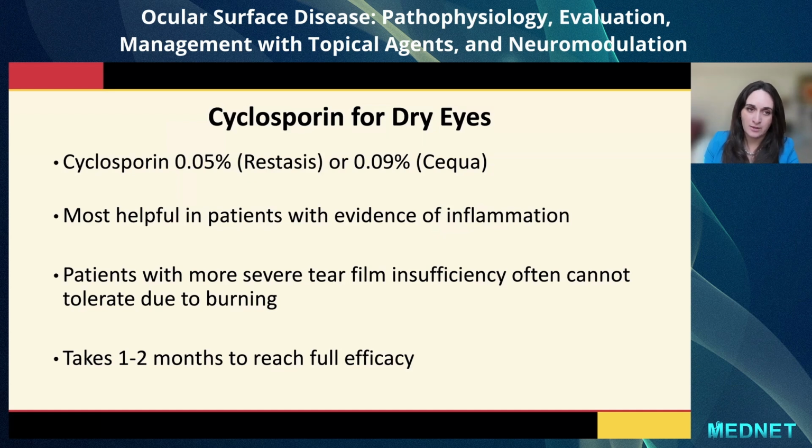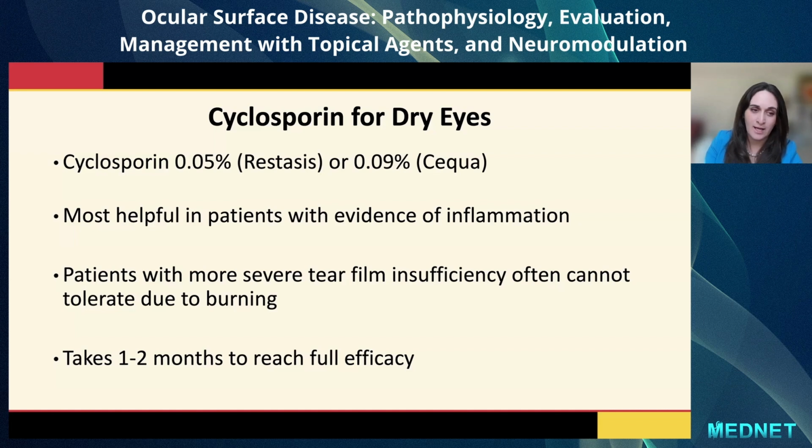Cyclosporin, there's 2 different concentrations, 0.05% and 0.09%. It helps decrease inflammation, so that's something to think about when using this for treatment. And then patients with really severe tear film insufficiency can't tolerate this oftentimes because of burning.